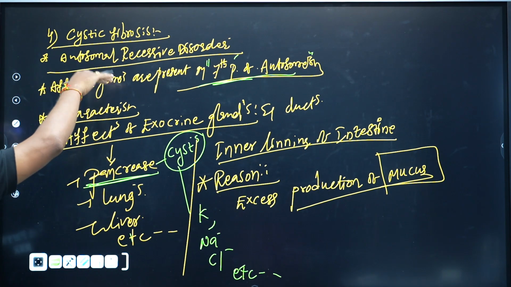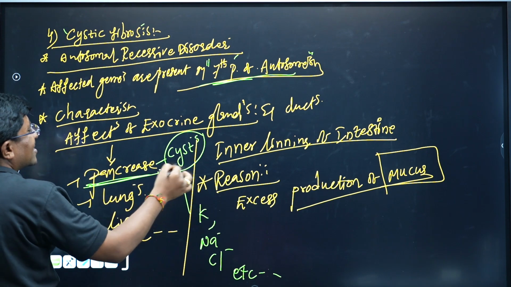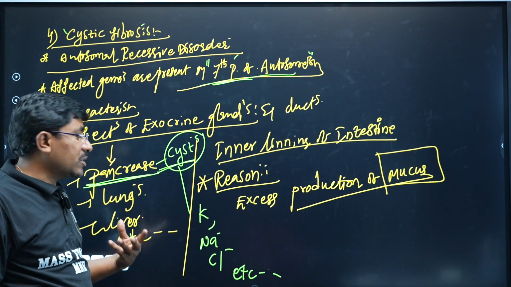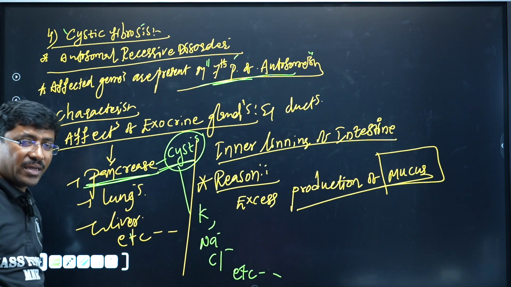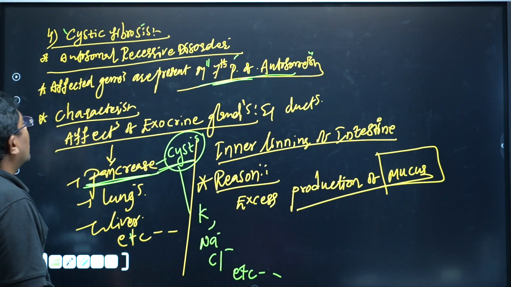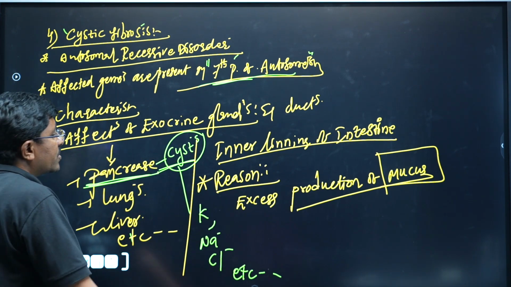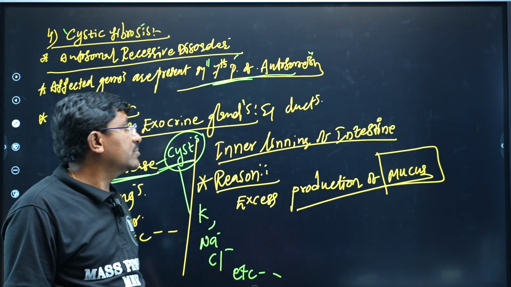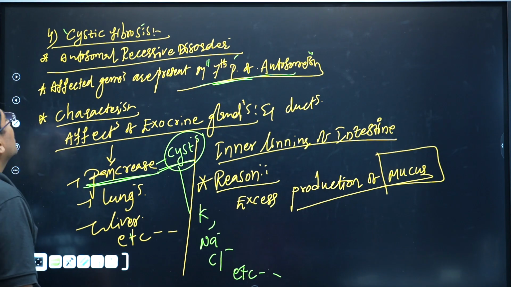So this is cystic fibrosis. Fibrosis means cysts. Cystic fibrosis means some tumor-like structures are found on the pancreas. It is also a genetic disorder, and it can be transferred from one generation to the next generation. It is autosomal recessive.